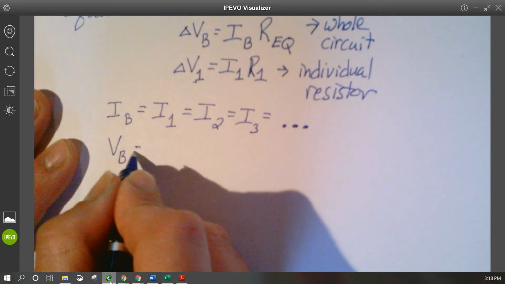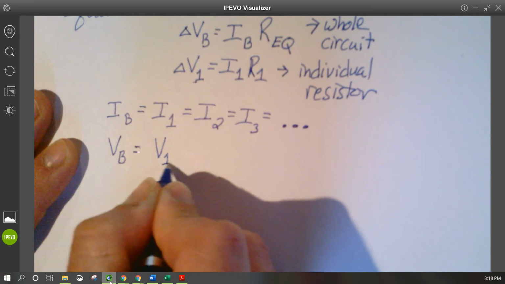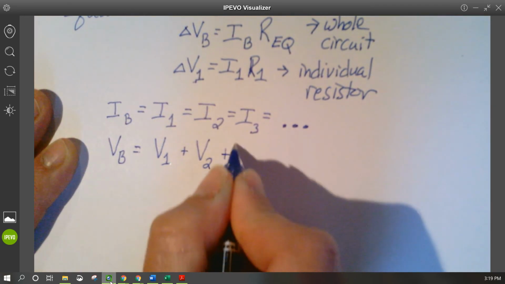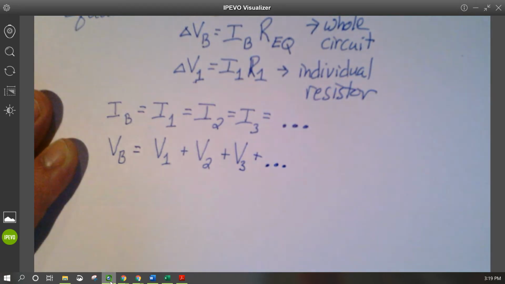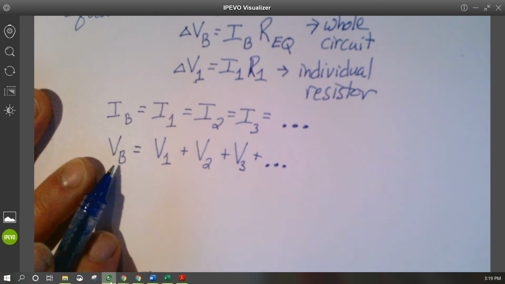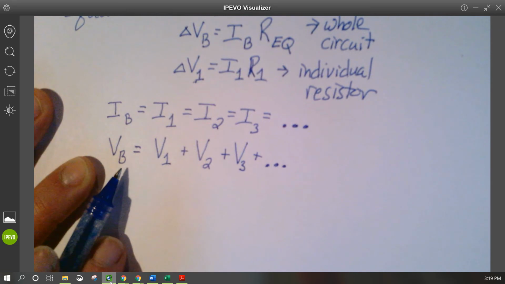Okay, and we've learned that the voltage drop across resistor 1 plus the voltage drop across resistor 2, and so on and so forth, we add up the voltage drops across all of the resistors, then that is going to equal the battery voltage. And the idea here is that, remember, those voltage drops really relate to how much energy we're using to get the charges across the resistor.